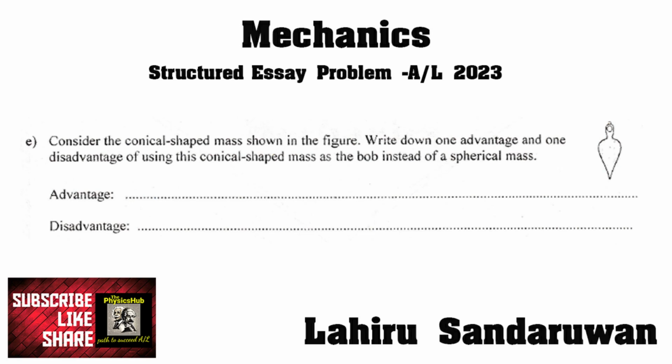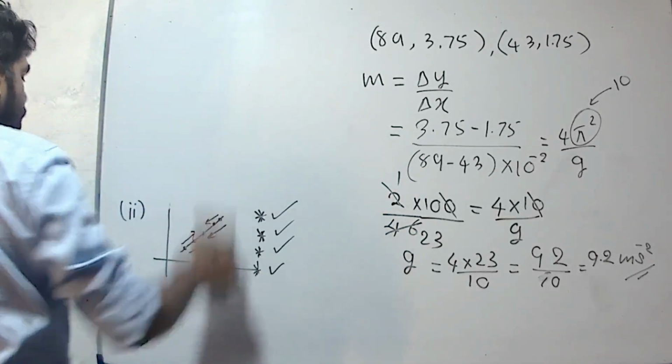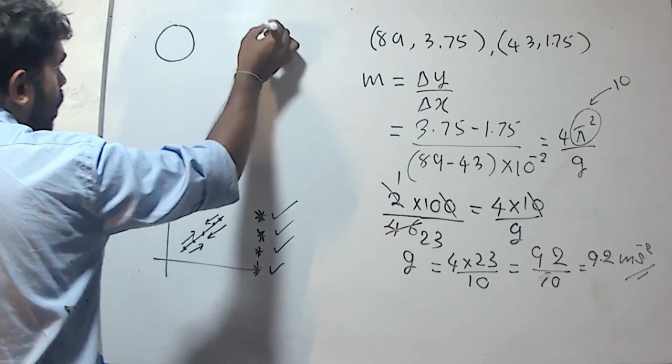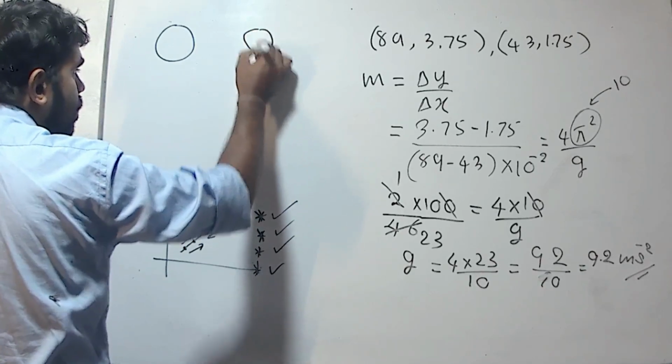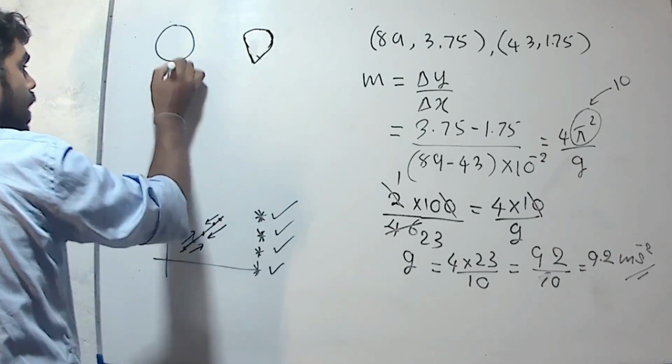Then part E: consider the conical shaped mass shown in the figure. Write down one advantage and one disadvantage of using this conical shaped mass as the bob instead of a spherical mass. If we are using a spherical mass, we can't identify the time passing this pointer correctly.